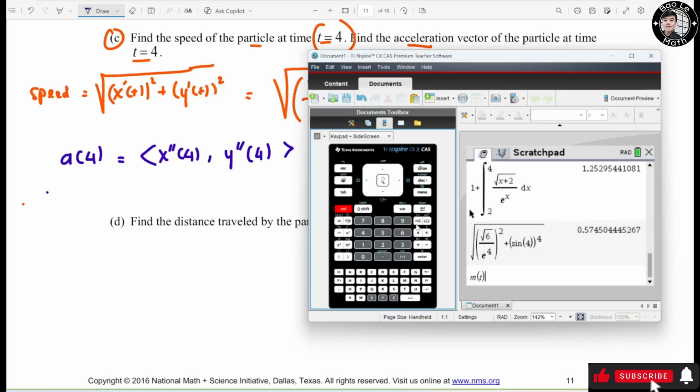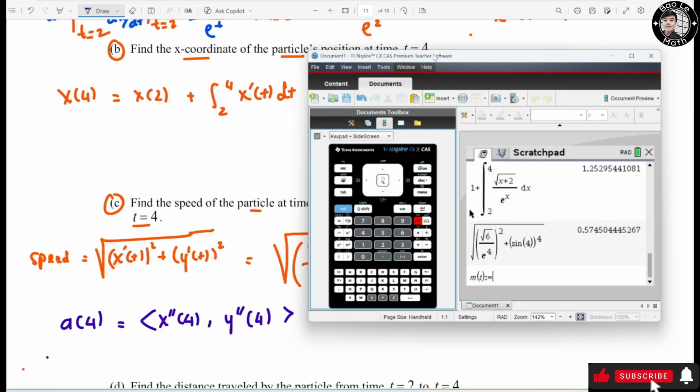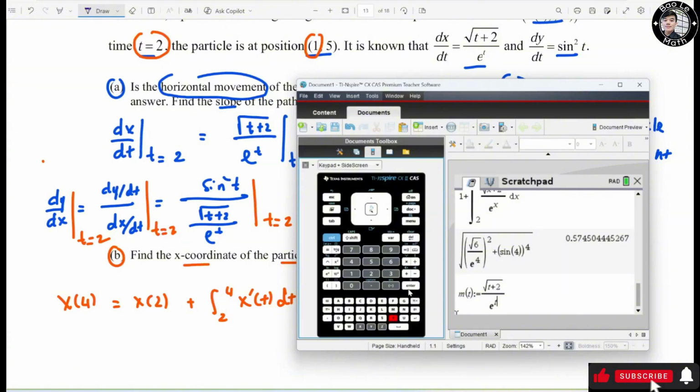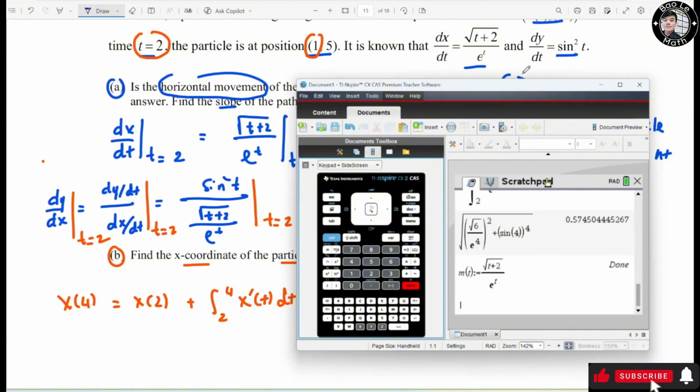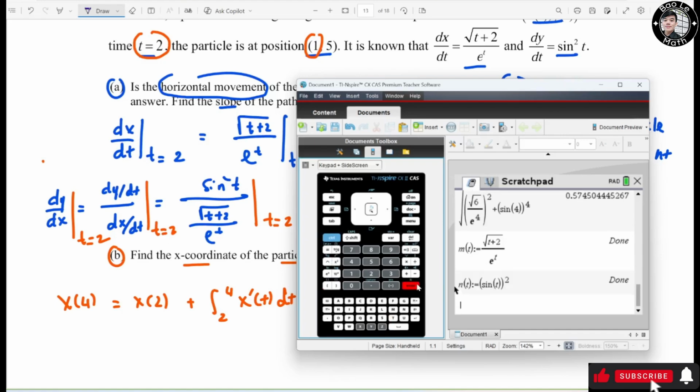Press Ctrl and the button right here. You need to input s prime of t. Press Enter. Now I'm gonna name y prime of t as n of t. Press Ctrl and the button right here. Press Enter.